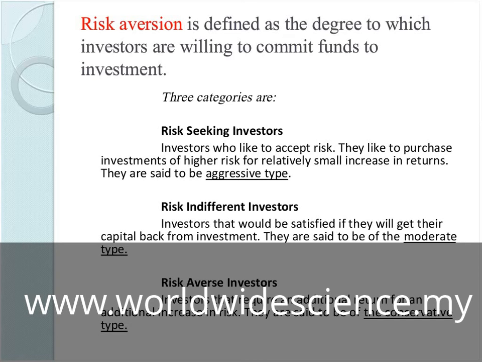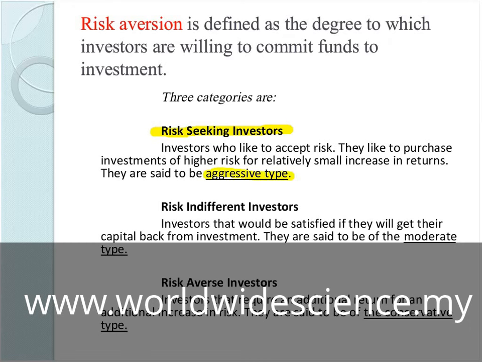Among investors, we have three types. The first, as you can see, we call the risk-seeking investor. Who are the risk-seeking investors? The investors who like to accept risk. They like to purchase investments of high risk for a relatively small increase in returns, and they are said to be the aggressive type. So risk-seeking investors who accept the risk are the aggressive type.